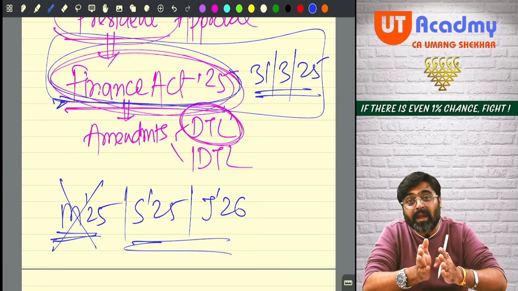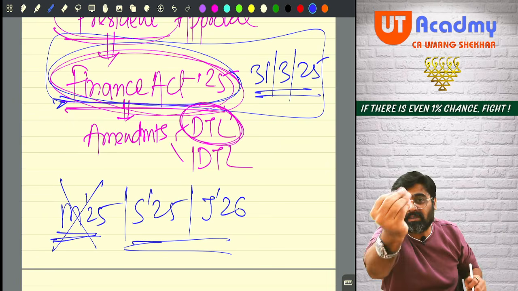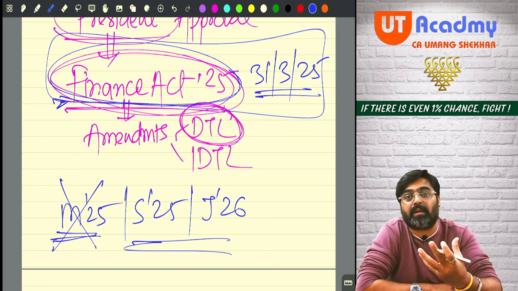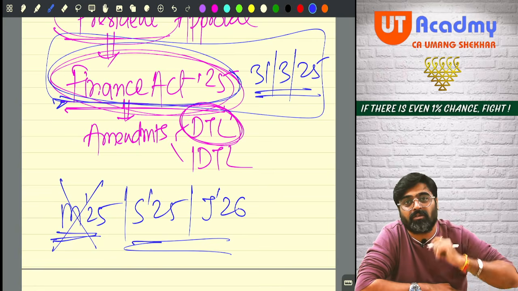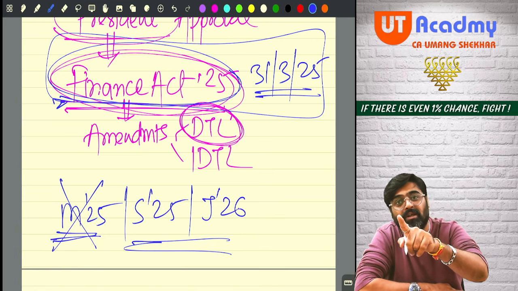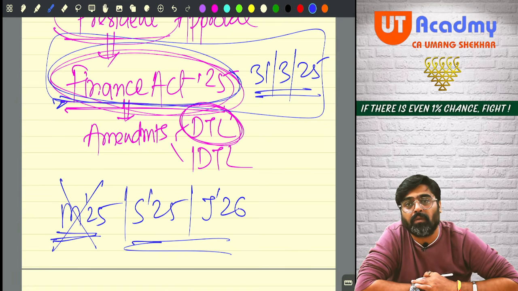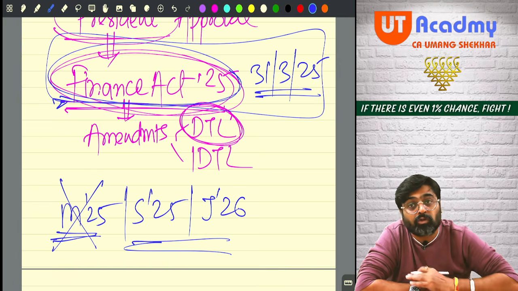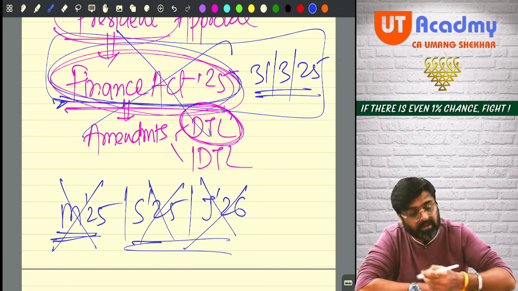We don't expect the professionals also to know this law at this time. How can we expect the students to know this law for their exams? Because they would have already started their studies by the time this becomes a law. Getting my point? So for all the attempts, May 25, September 25 and January 26, this Finance Act 25 is not applicable.